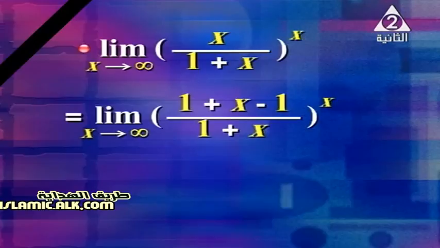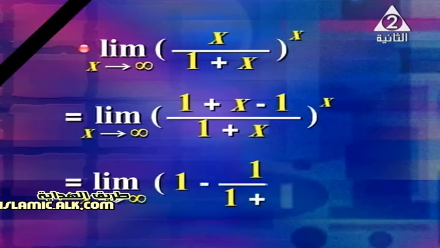Look at limit when x tends to infinity. The bracket contains a fraction. The numerator is 1 plus x minus 1 over 1 plus x for all power x. We distribute it about limit x tends to infinity. 1 plus x over 1 plus x equals 1.